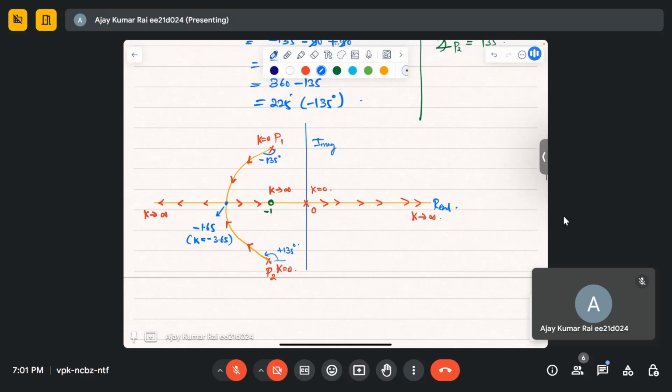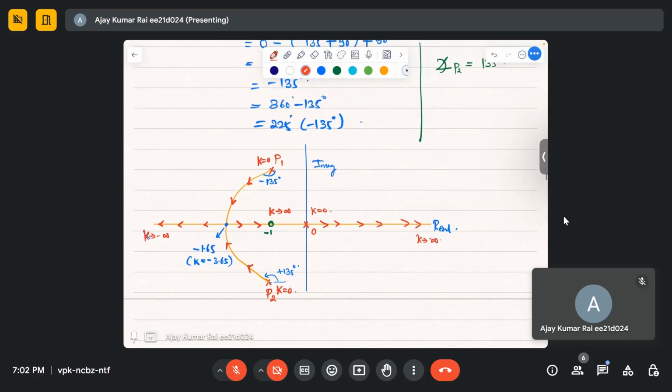Here the root locus is going from 0 to minus infinity, not from 0 to infinity. k is going to minus infinity here also, because k is negative, right?